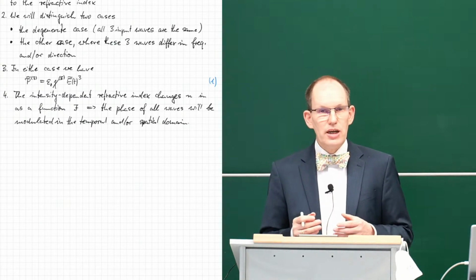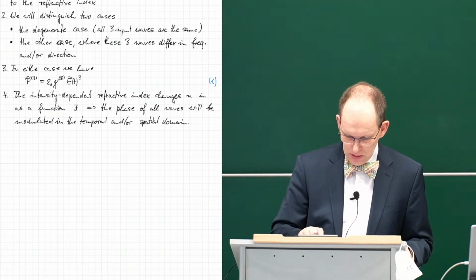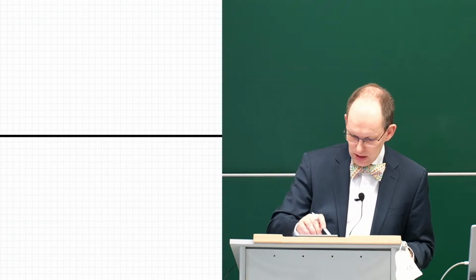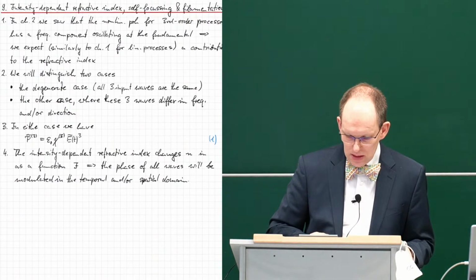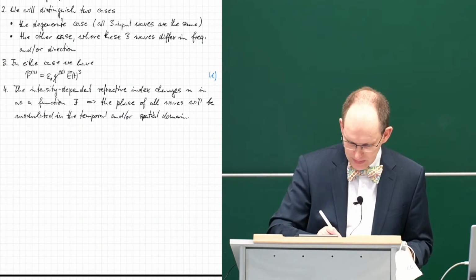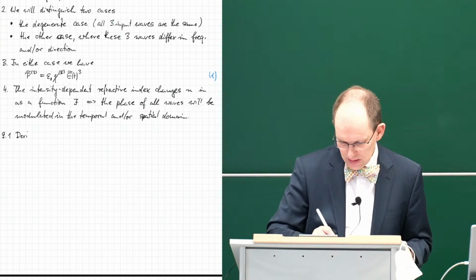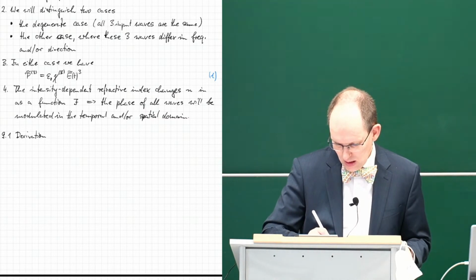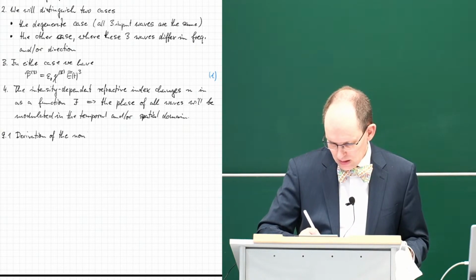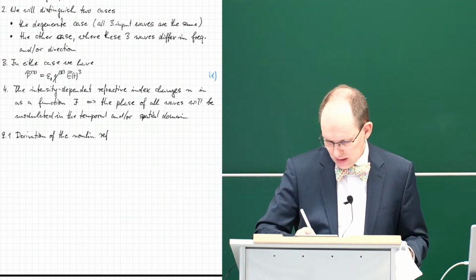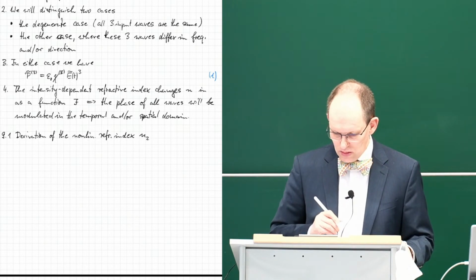So now let's try to derive the nonlinear refractive index. So we'll look at the degenerate case here and derive the nonlinear refractive index. So this is chapter 9.1. Derivation of the nonlinear refractive index, and it gets a name, so it's called N2.